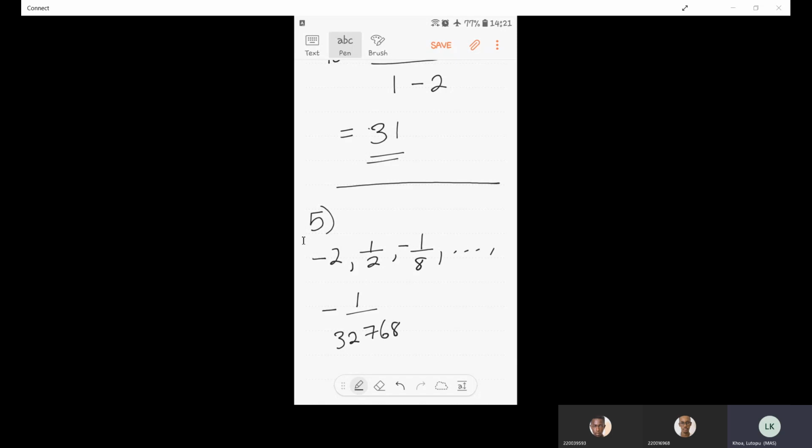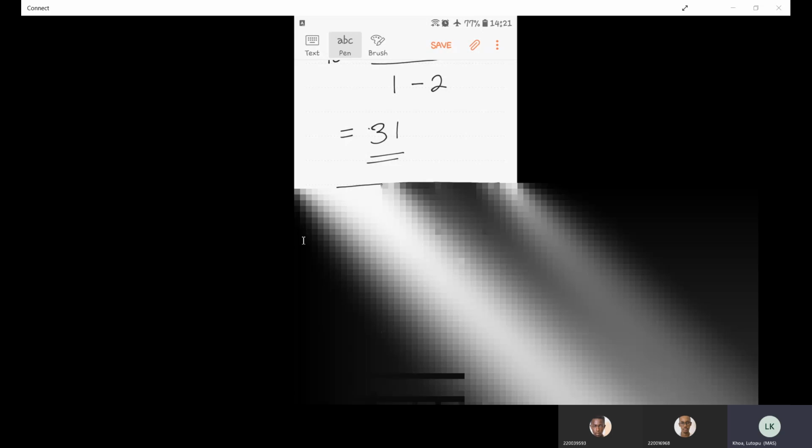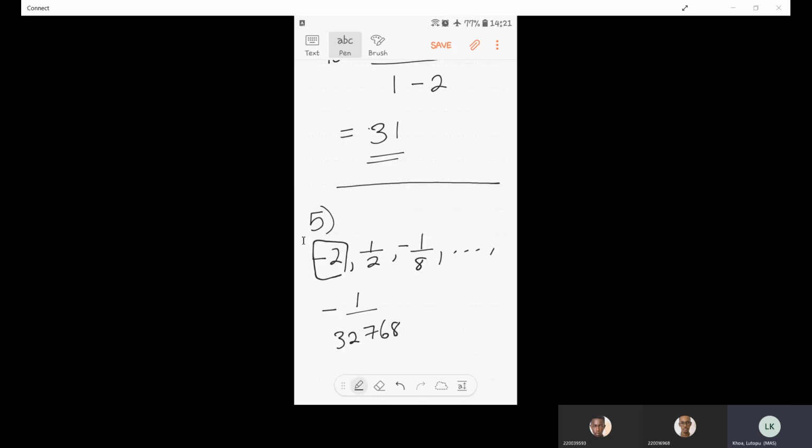Now we have to work out the sum of these terms. Firstly, we don't know how many terms there are, so we'll need to work out how many terms there are. We know what A is because we can see it. It's the first one there. We work out R, we work out N, and then to work out the sum of those N terms, we'll just substitute those values into the equation.